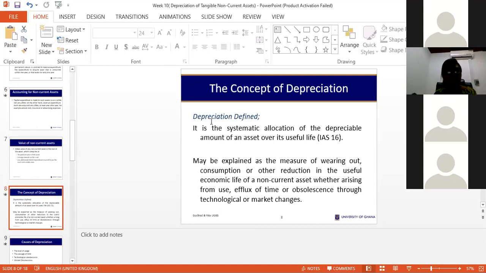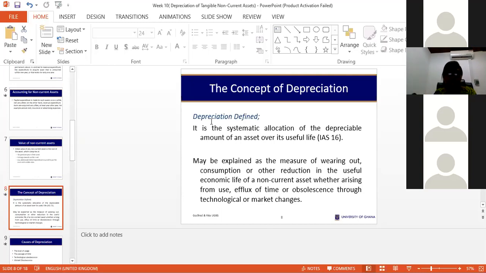Let us remember that we said that you must match the cost to the revenue. Now, when you acquire an asset, you make an initial huge investment. Meanwhile, that asset will generate revenue over a number of years. Now, if we are using the matching concept, then over the number of years that asset will generate revenue, you must match the revenue to its cost.